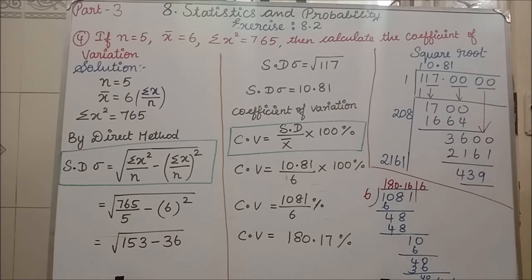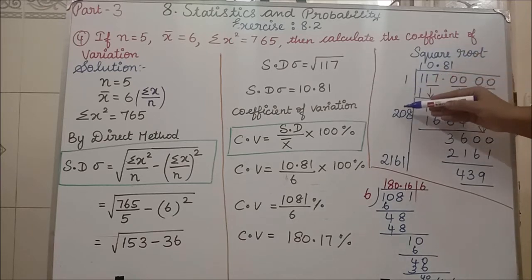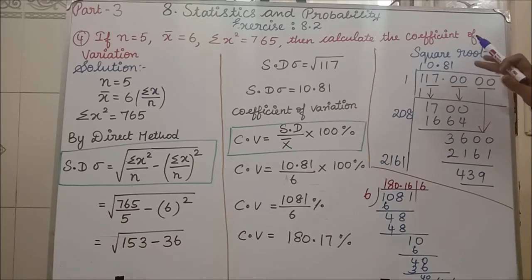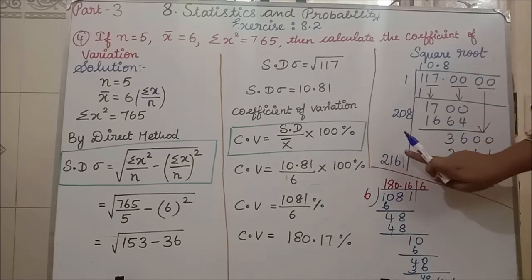Now students, only if you work the square root two or three times, you will be able to understand. Anyhow, we have learned the square root in the lower classes, but now I think you have forgotten that. Isn't it? Okay, now I told you this 1 into 2 I have multiplied and written here. Next, you think that here I am not having the 1.